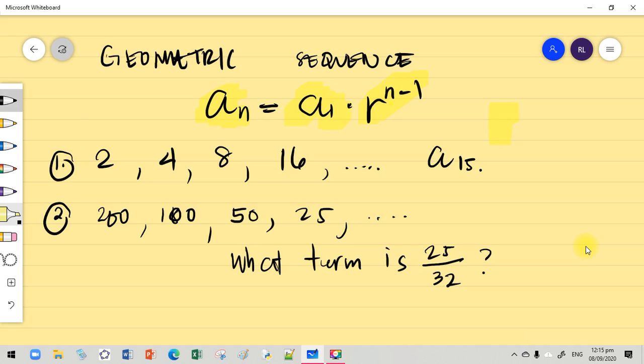From 2, 4, 8, 16, as you can see, the term is multiplied by 2, and so on. Therefore, our r, which is the common ratio, is 2.